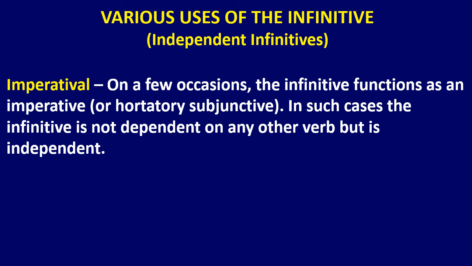And I say independent in distinction to the substantival or adverbial uses of the infinitive, which we've looked at with all our previous examples. Here we have the independent infinitive because it's technically independent in its function from the rest of the sentence. Now, on a few occasions, the infinitive is going to function as an imperative, like a hortatory subjunctive. And in such cases, the infinitive is not dependent on any other verb, but is independent in the sentence.